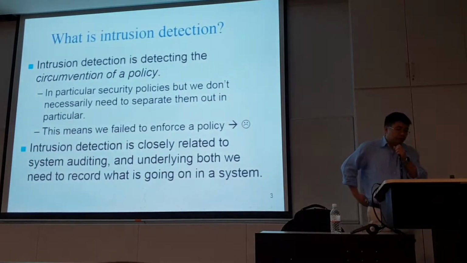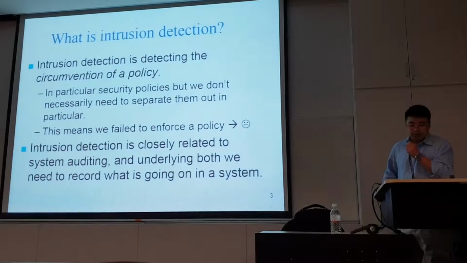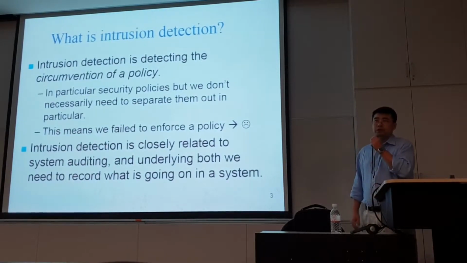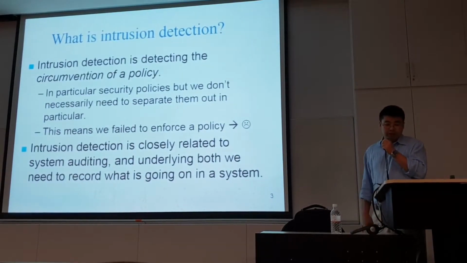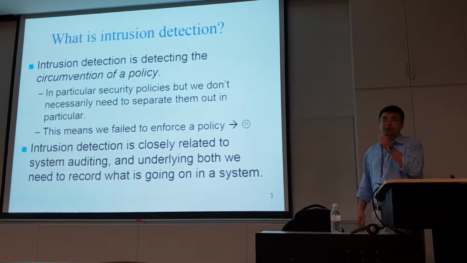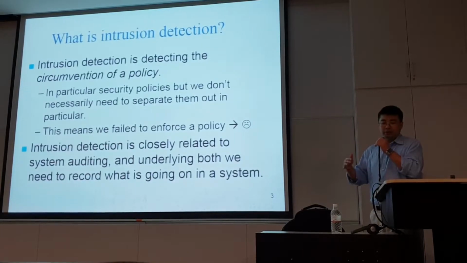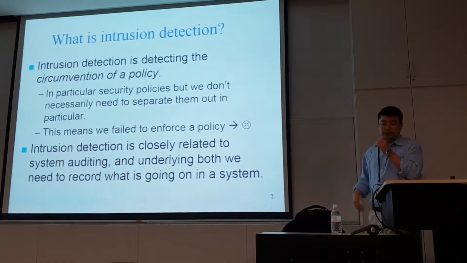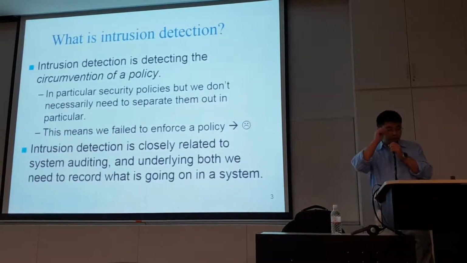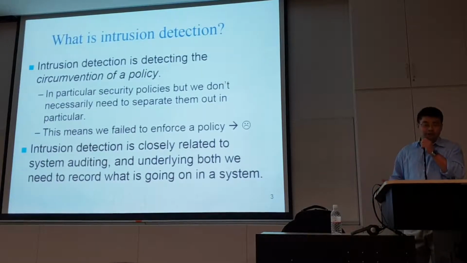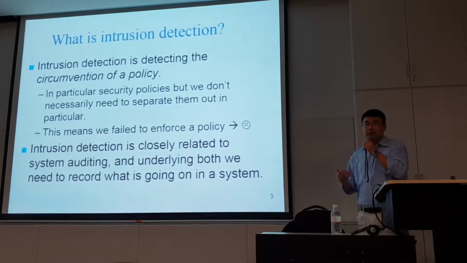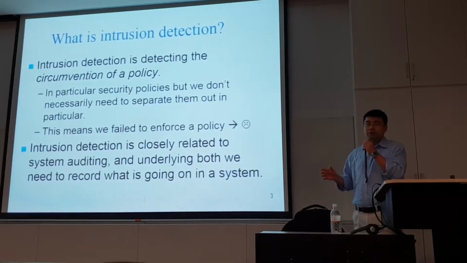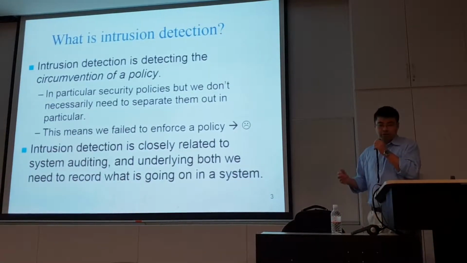If we can successfully implement authentication and access control and prevent all illegal access, then we don't need intrusion detection, because we can stop the attack at the entrance, before the attacker gains access to the system. Intrusion detection is needed only when the attacker successfully enters the system and gains control of the resource or system.